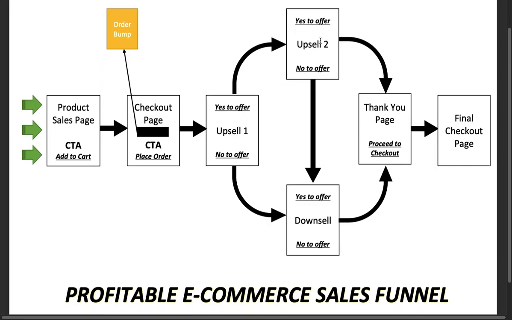They've been able to add an upsell 2 offer, then to the thank you page. But if at this upsell 2 level they decline the offer, then it still brings them back to the downsell. You understand? So the downsell is just a less expensive product, a less expensive related product. So at this downsell stage, either they're interested or not, they are still going to the thank you page.